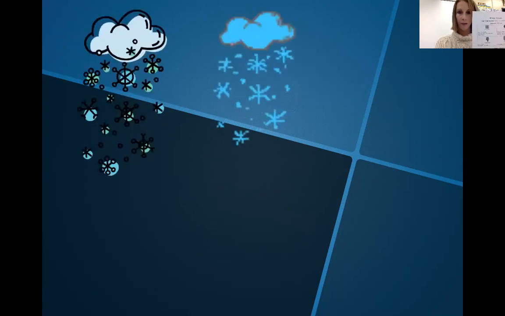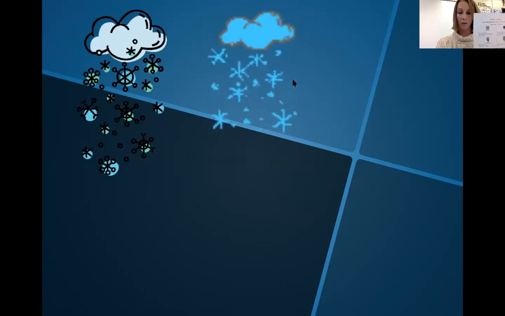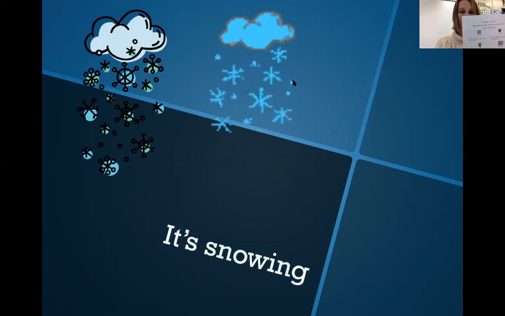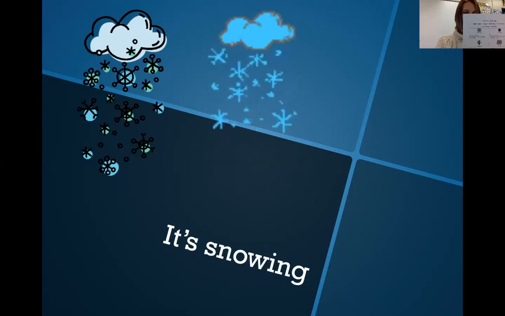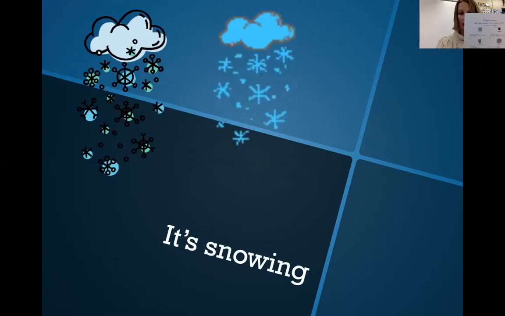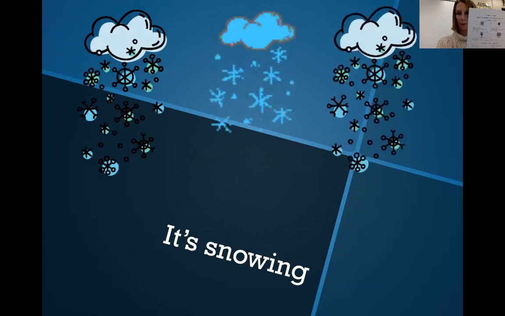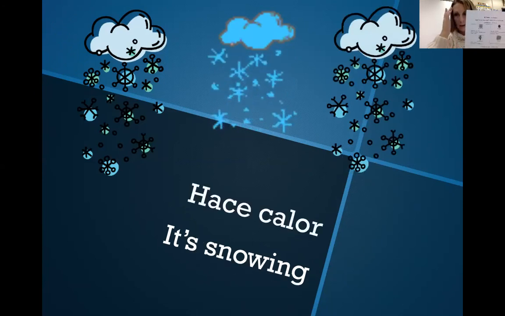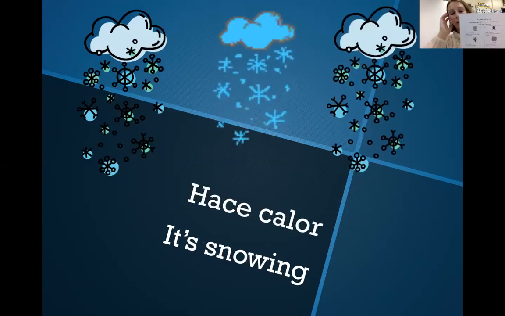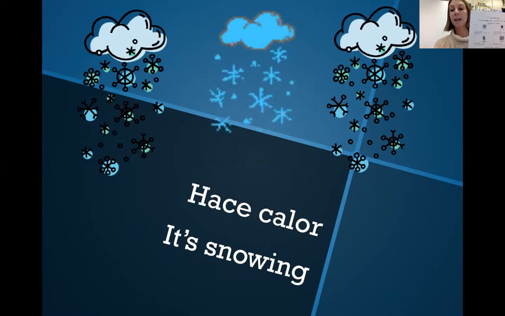Here's another one. So pay attention to the action that's happening here. It's snowing. So we have some space back in the box above the primavera, above spring. It says nieva on your paper. Because look, we have a boo-boo here. It says hace calor.